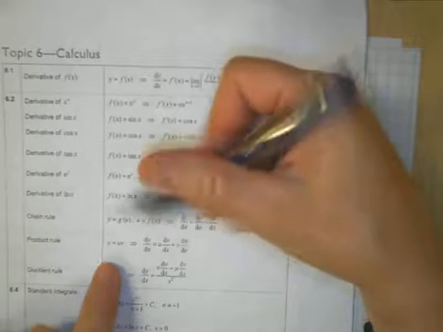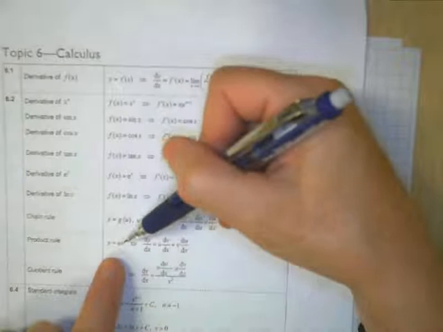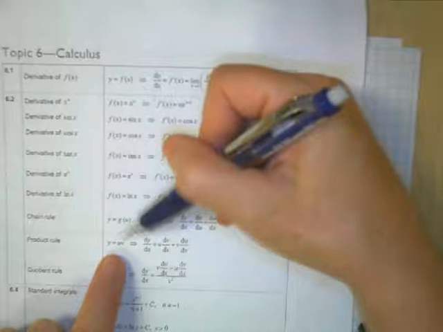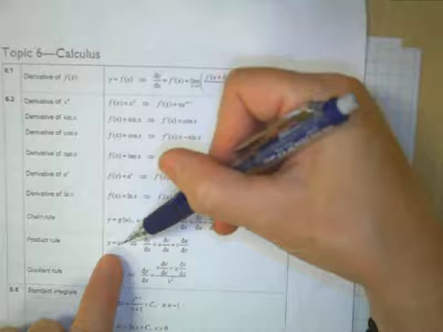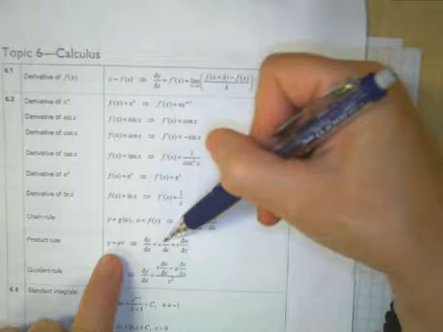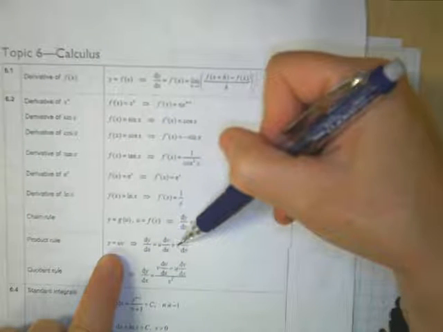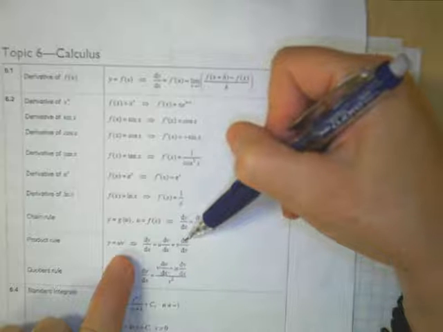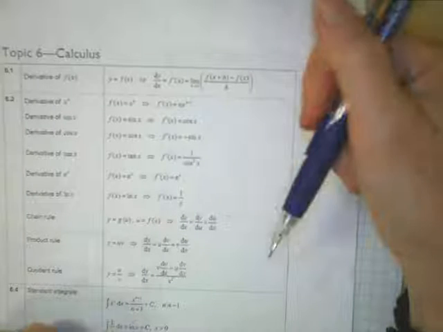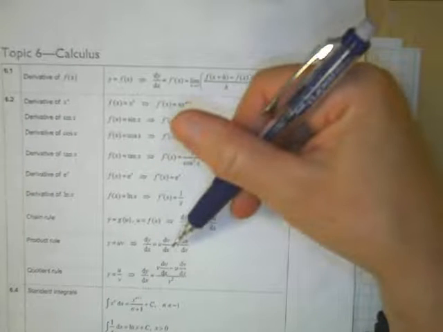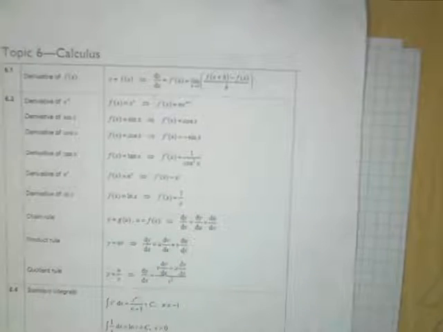So if you have two functions being multiplied together, then you take the first function times the derivative of the second function, see the dv, plus the second function times the derivative of the first function. So that one's much more straightforward. Now, if I still don't like how this is written, I could rewrite it on my test paper.